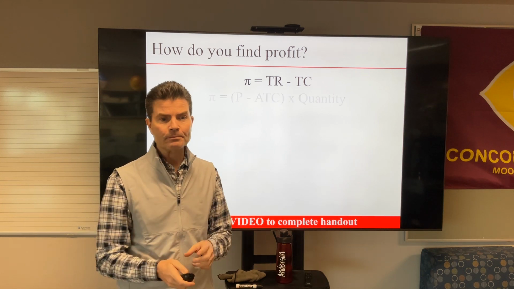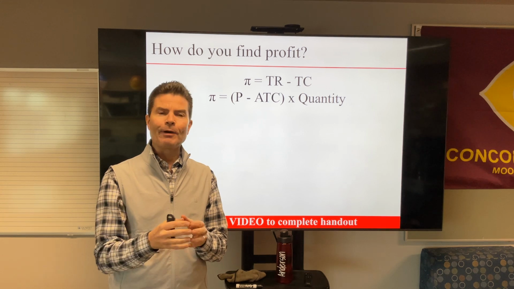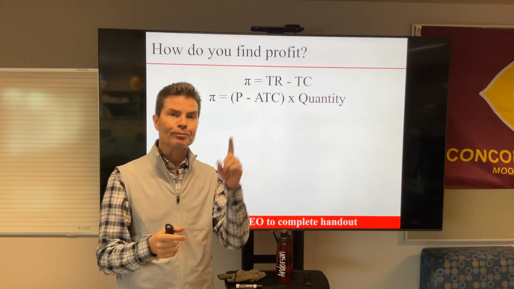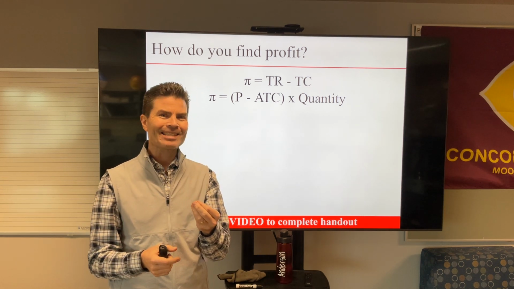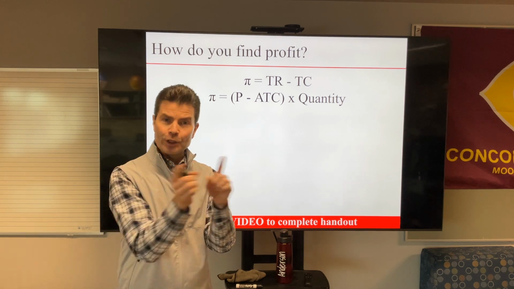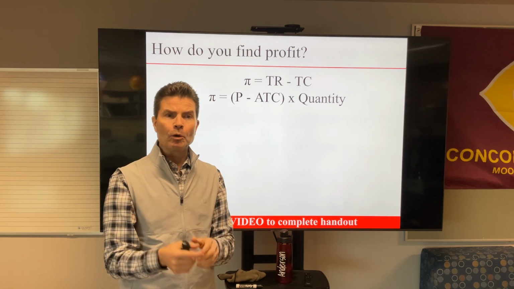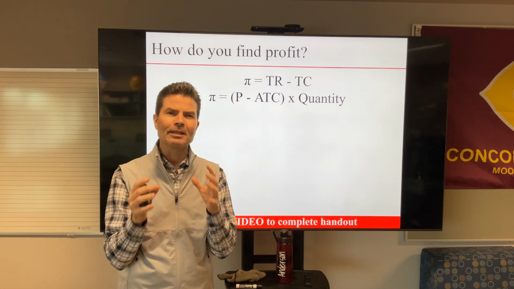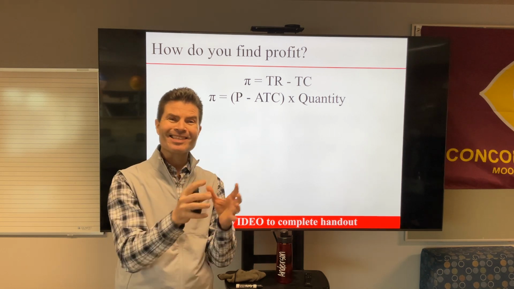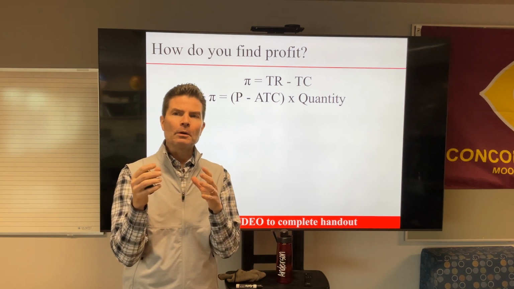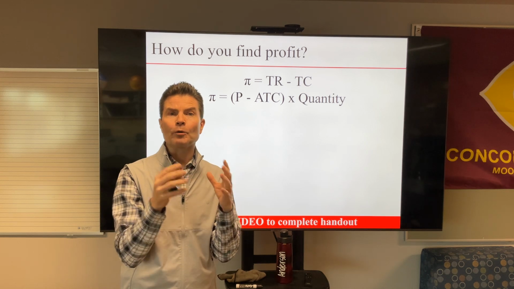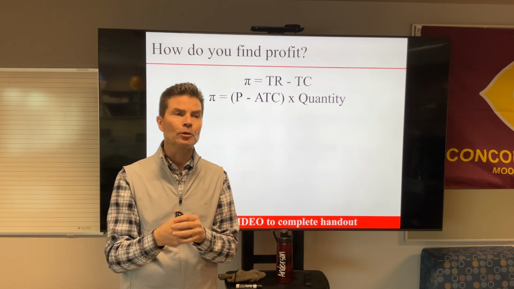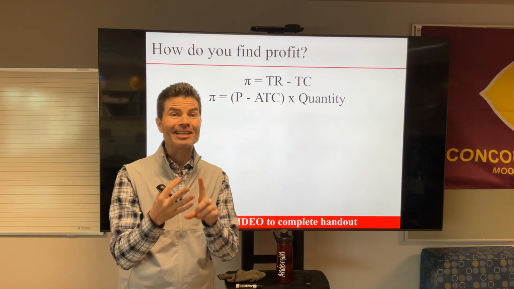The second method to find overall profit is to take your price, subtract the ATC from that, and then multiply by the quantity. One of the biggest things we're going to focus on in this chapter is price and ATC. From chapter 8, you learned about the short-run production costs, which include marginal cost, AVC, and ATC.